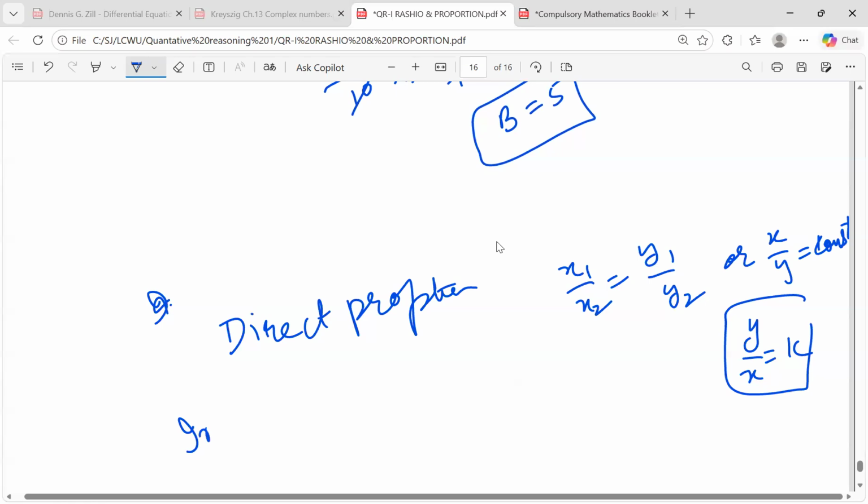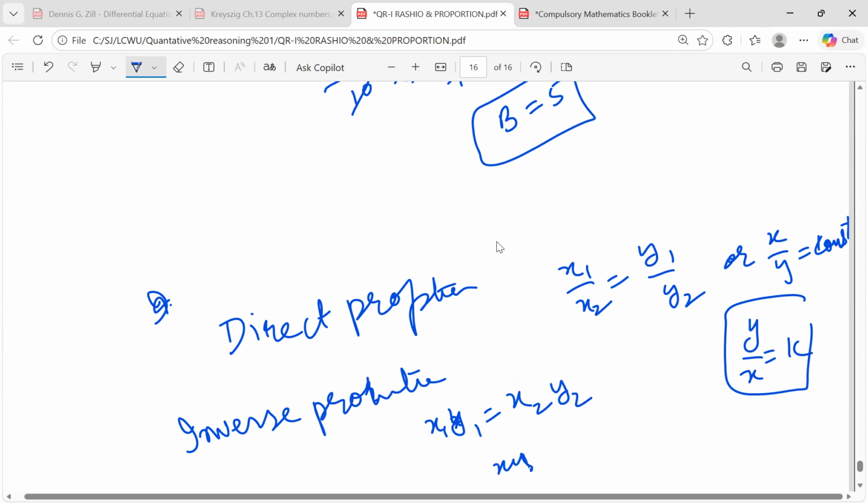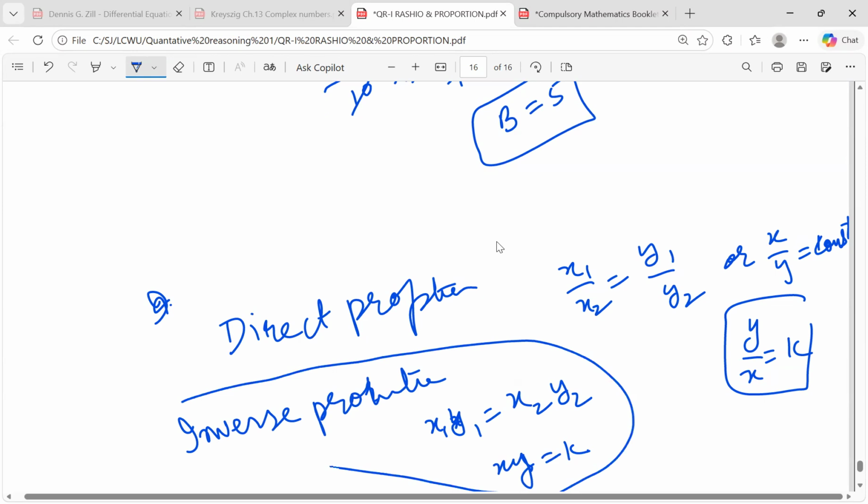For inverse proportion, your relation is x1 y1 is equal to x2 y2, or you can say that the product xy is equal to a constant. So this is the relationship of inverse proportion, and direct proportion has x equal to y times k or y equal to x times k. So y equal to k times x is the relation of direct proportion, and xy product equal to k is the relation of inverse proportion.